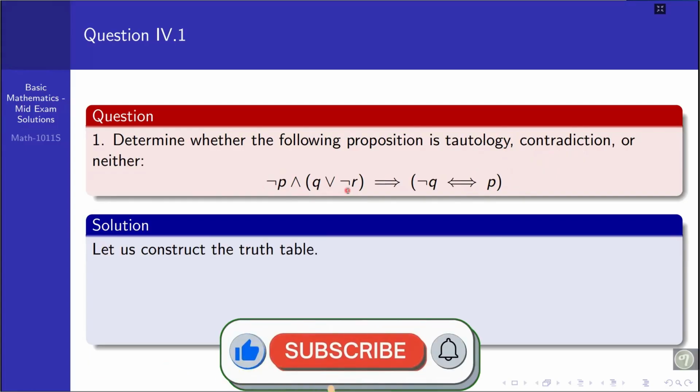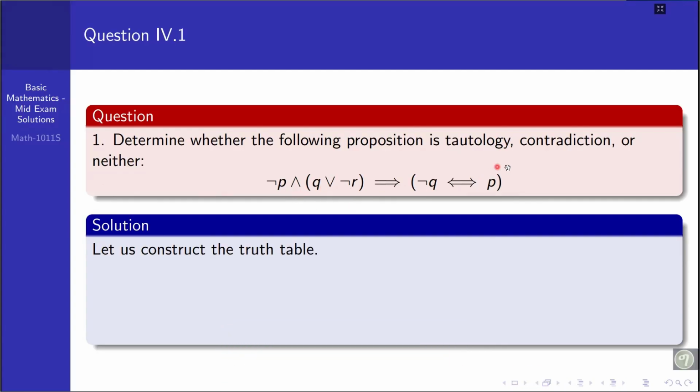Therefore, in order to determine whether the given statement is a tautology, a contradiction, or simply neither, we can use a truth table. Because we are given this compound statement, which is very long, let us use an assignment for the component statements.